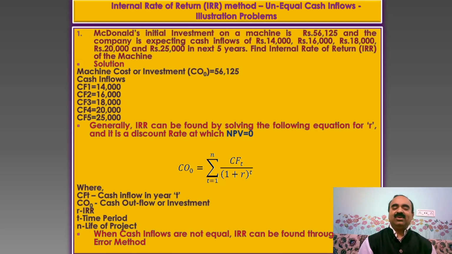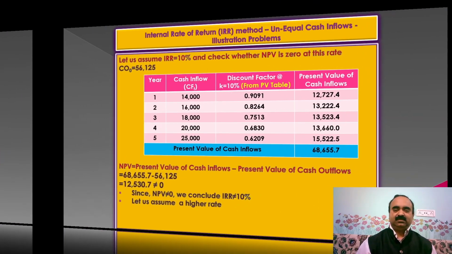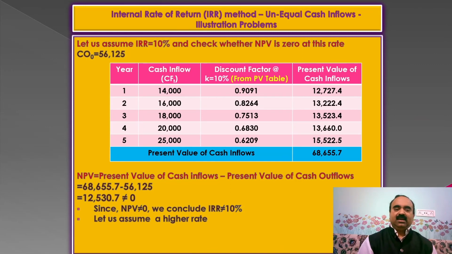When cash inflows are not equal, IRR can be found through trial and error method. Let us assume IRR is equal to 10% and check whether NPV is 0 at this rate.